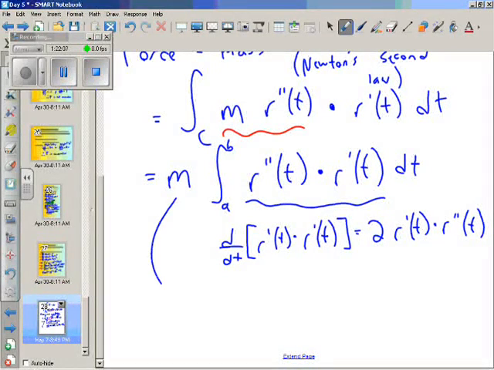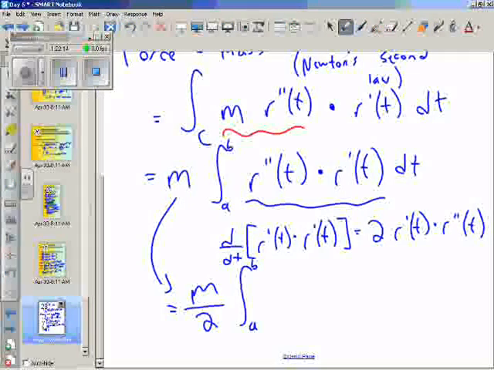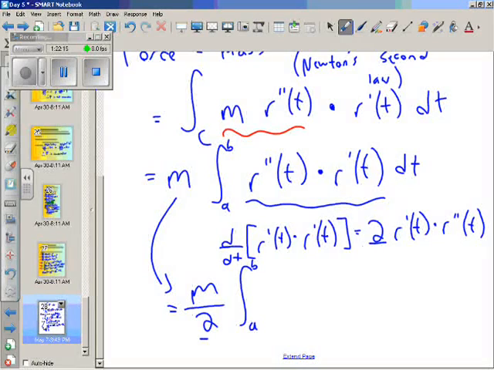And so we can rewrite this integral one more time with m over 2, because of that 2 right there. This would just be d/dt of r prime of t dotted with itself.